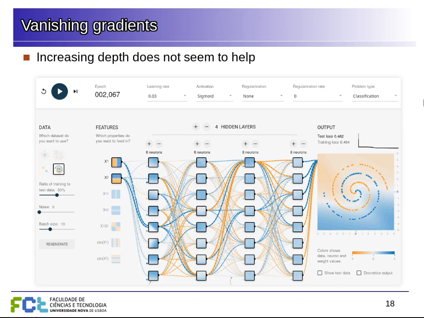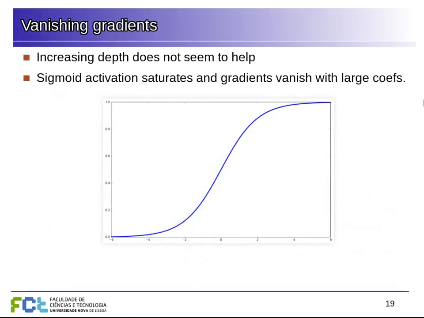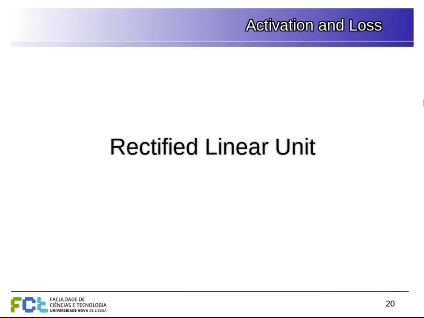The network doesn't learn even though we wait many epochs. So the problem is this: the sigmoid activation is reaching zero at some point, or reaching the saturation point. The gradient is close to zero, and we lose information about how to update the weights.